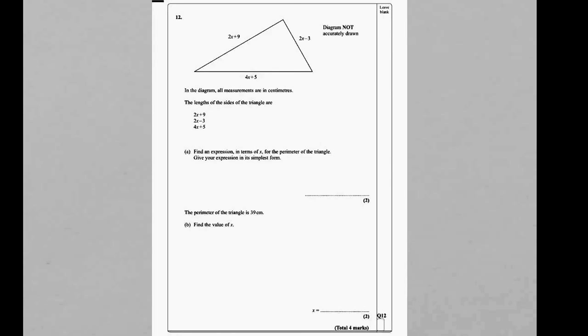It's going to be a kind of sentence with lots of x's in it, like, I suppose, 2x plus 9. That's an expression, but I want it for the perimeter. The perimeter is obviously the distance around the outside of the shape. So all I've got to do is add my lengths: 2x plus 9 plus 2x minus 3 plus 4x plus 5.